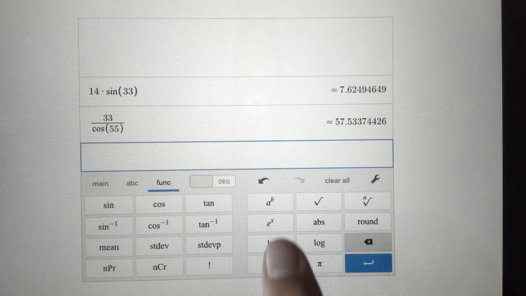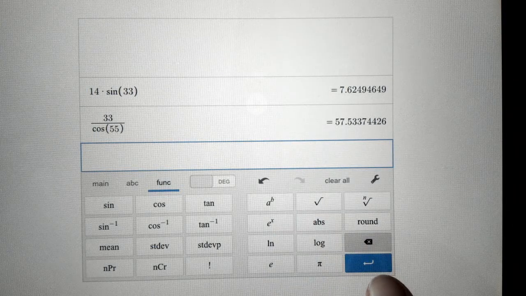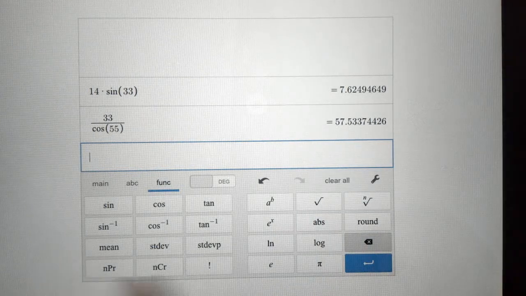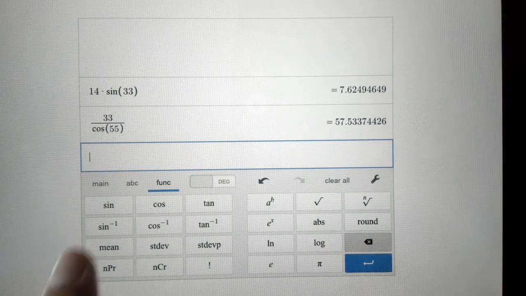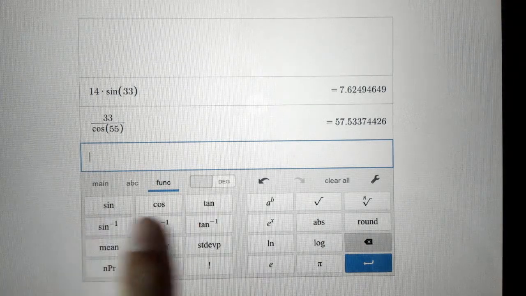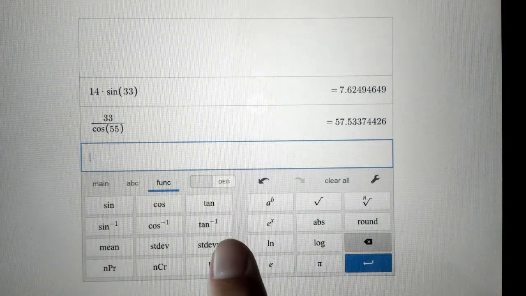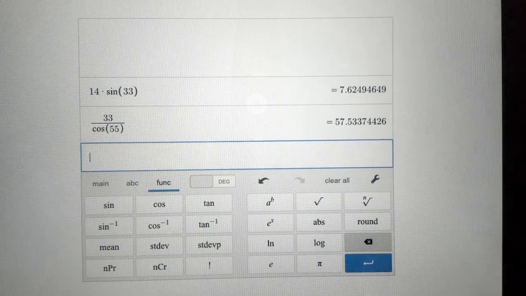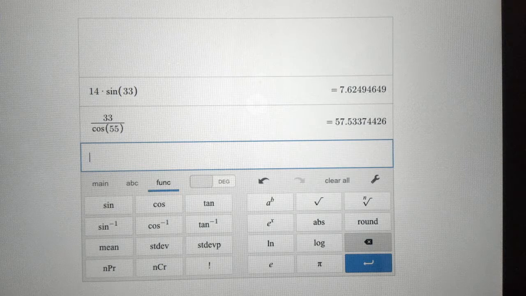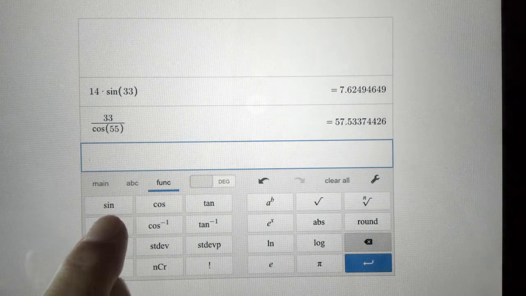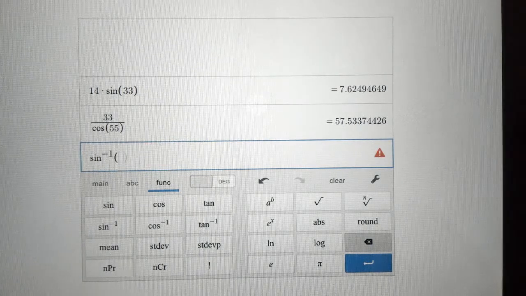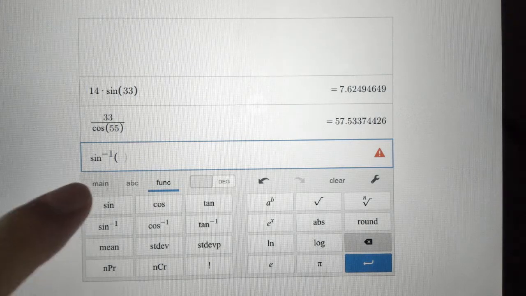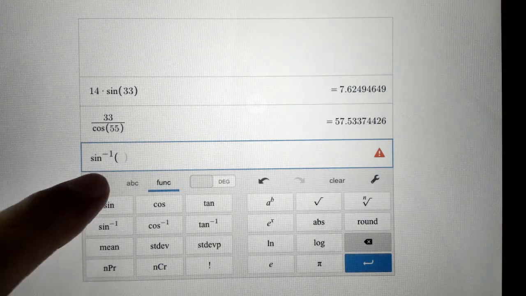I get some of these keys, like I have on my graphing calculator, that I don't really use a whole lot, but the really cool thing is I get the sine, cosine, tangent, and also the inverses. So to get to the inverses, you have to be on that page. What did I need? I needed the inverse sine, so click on inverse sine. I need a fraction. I don't see a fraction template here, so we're going to go back to the main page, so click on main.